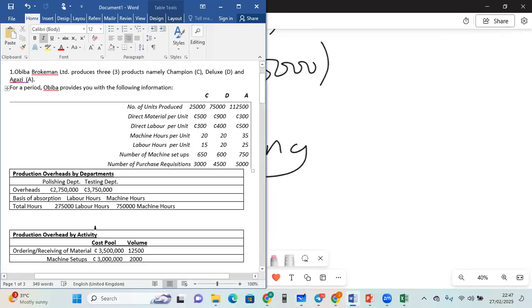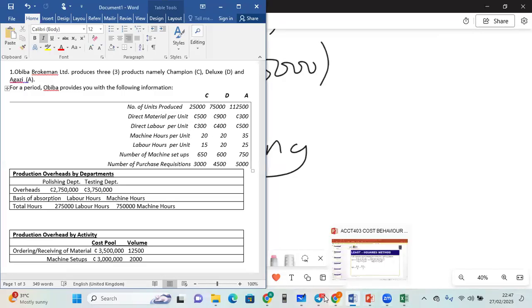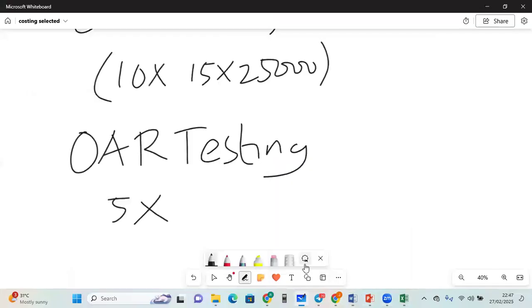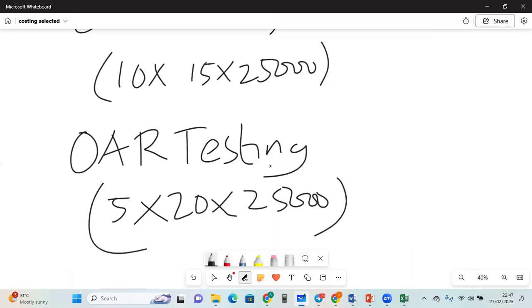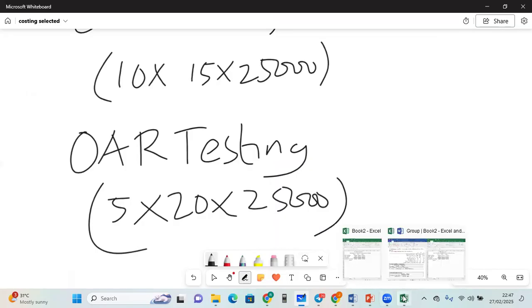This one is 20 because testing is based on machine hours. So 20 times the number of units, 2, 5. Right. So let's do that.